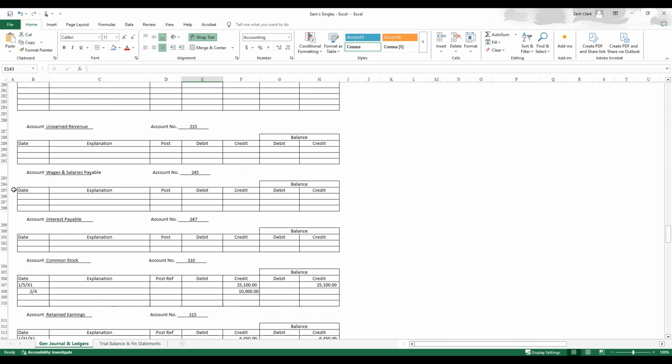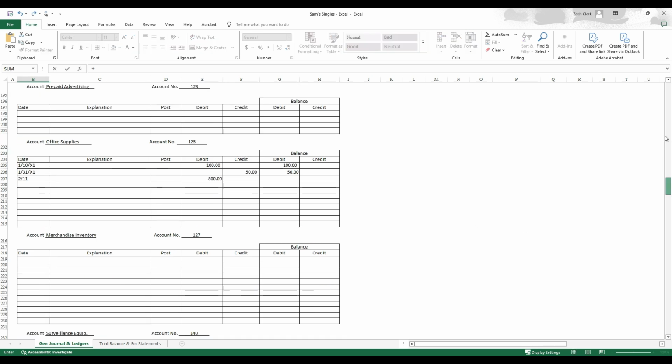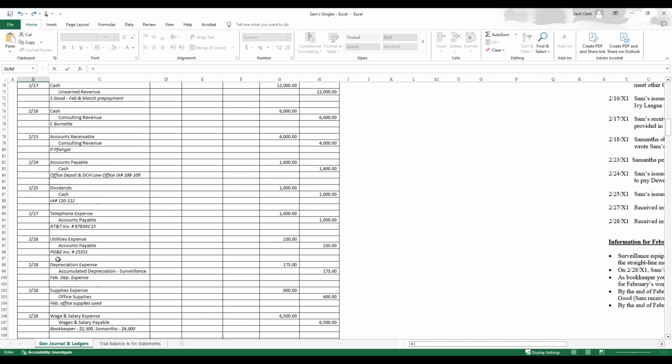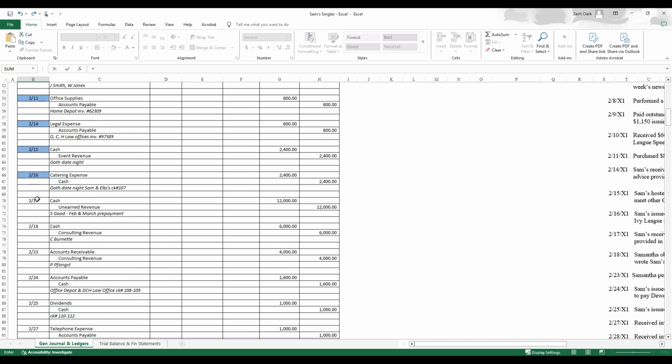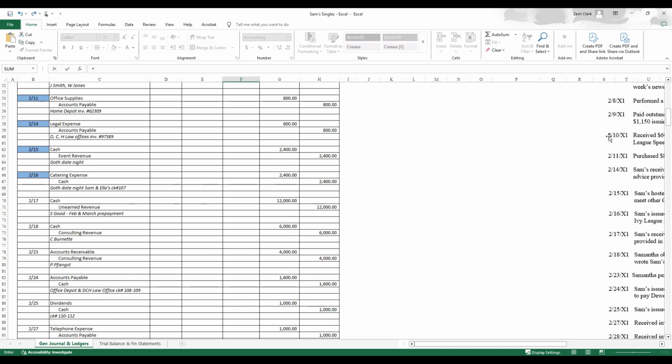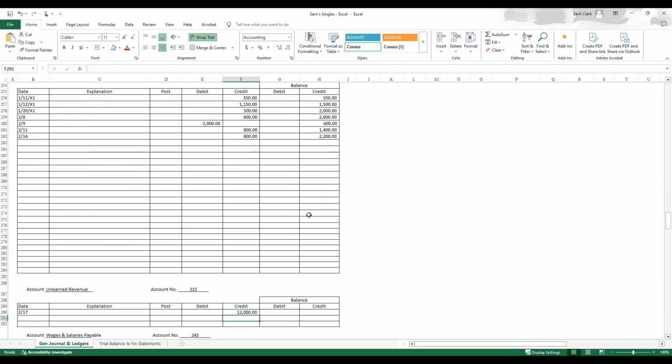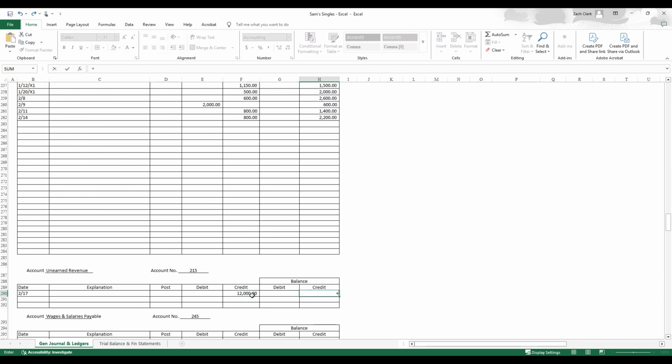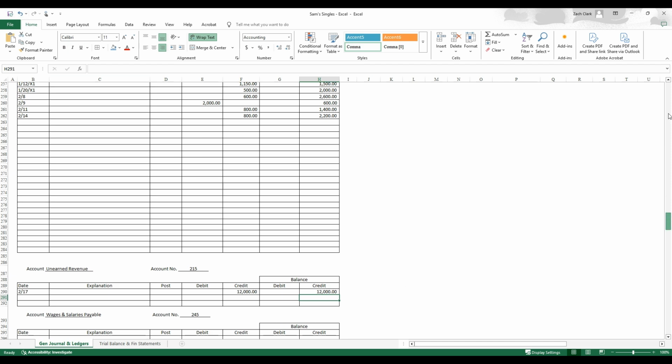And let's go to our liabilities. We're going to increase our liability with a credit. Just carry that over. No balance before that. Okay, we're done with that entry.